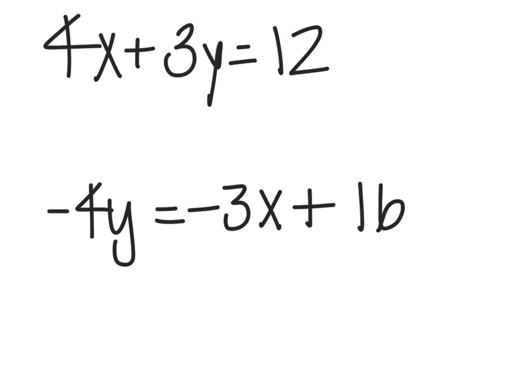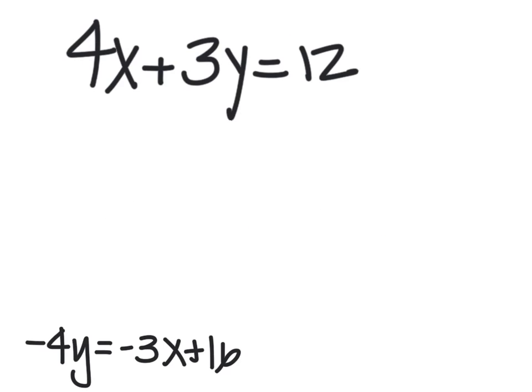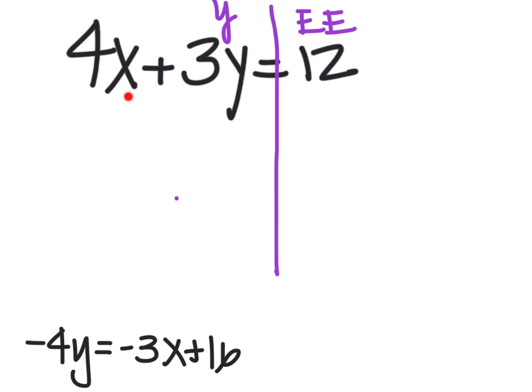So for this one, we've got to solve these equations for y. So we have 4x plus 3y equals 12, and -4y equals -3x plus 16. So we're going to focus on 4x plus 3y equals 12 right now. I've got to solve this for y, which means I want y on one side and everything else on the other. The thing that's on the wrong side of the line is this 4x, because it doesn't have a y with it.